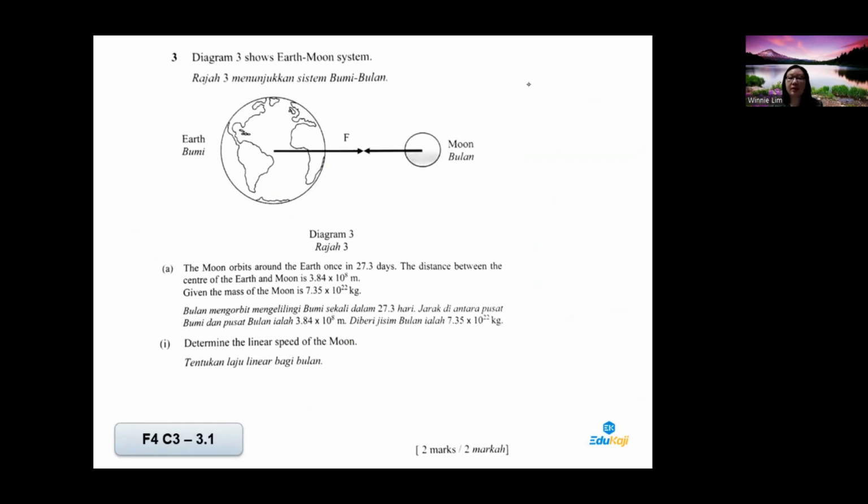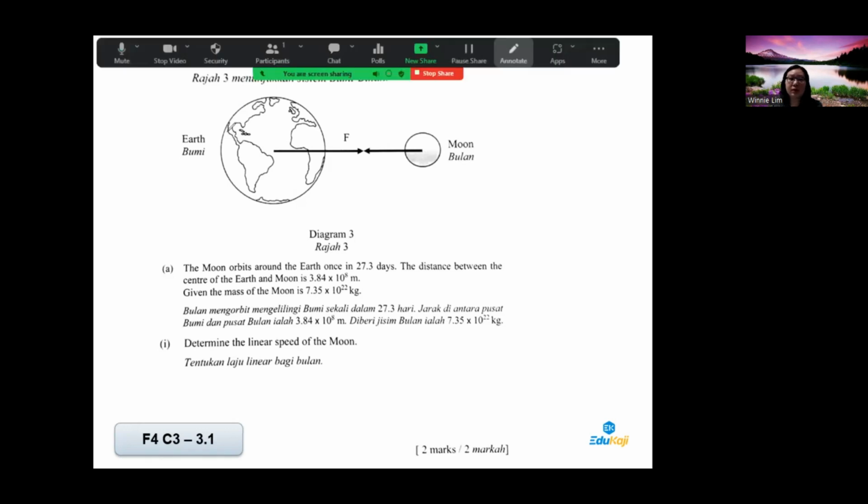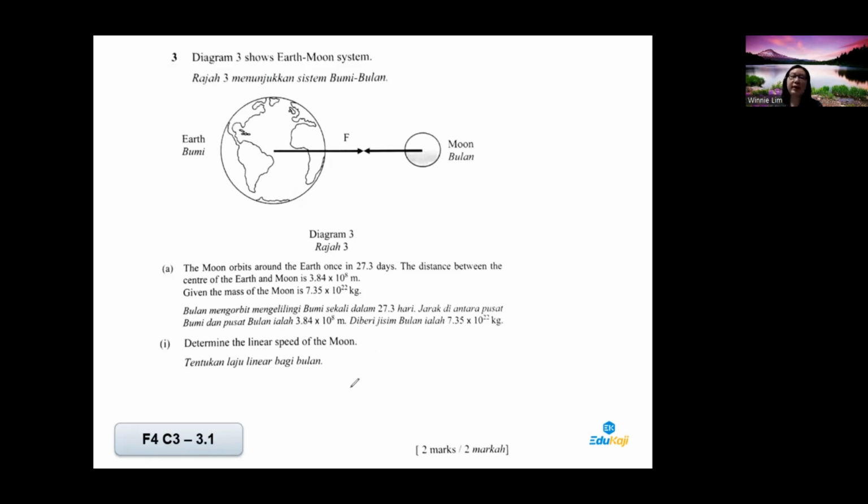Okay, so what is the formula we use in this question? For linear speed, actually they have two formulas. One is the basic one, if you know the concept of speed equals distance over time. In this context, the Moon is going around the Earth in a circular way, right? So if you know the circumference of the Moon's orbit around the Earth, then you have 2 pi r, then divide by time.